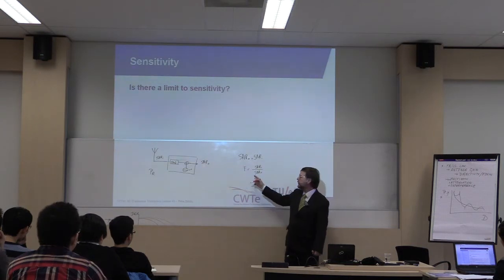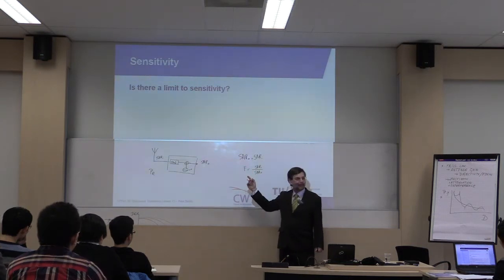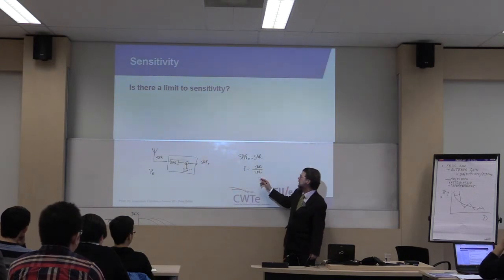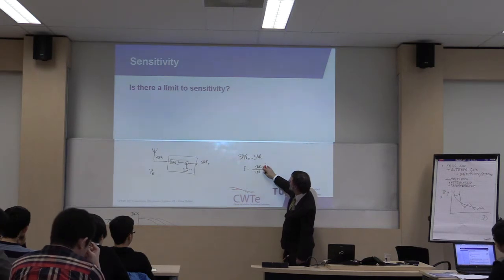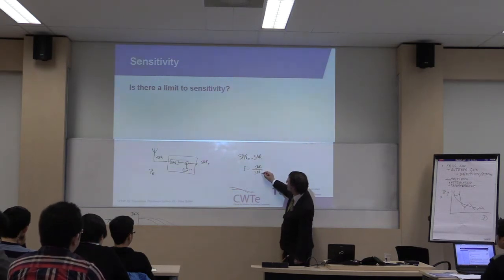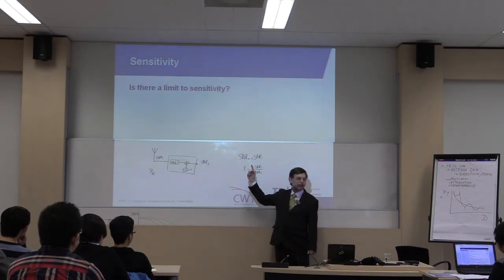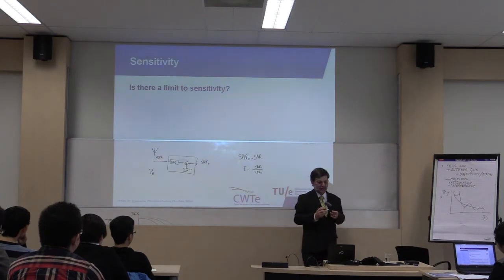For a perfect radio, the noise factor is 1. For a radio that is worse, the signal to noise ratio at the output gets smaller, then the noise factor goes up, and it tells me that my radio is not perfect.